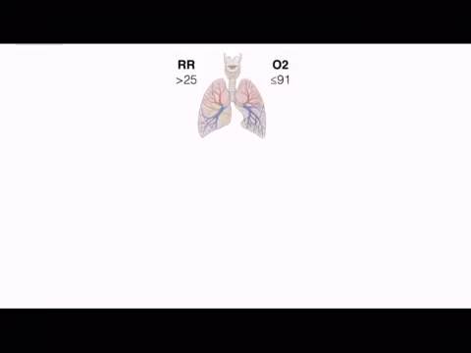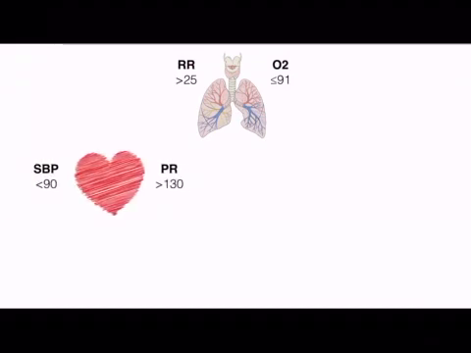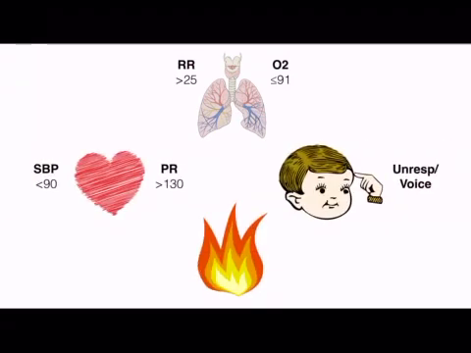So a quick summary. Respiratory rate greater than 25, O2 sats of less than 91, that's the lungs, and then we've got the 3 H's. So you could think of it as like, look here, the NEWS, right? So lungs, heart, heat, head.